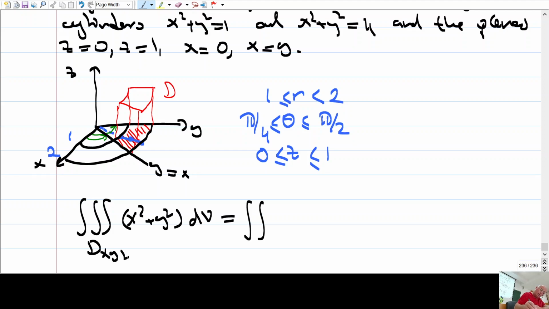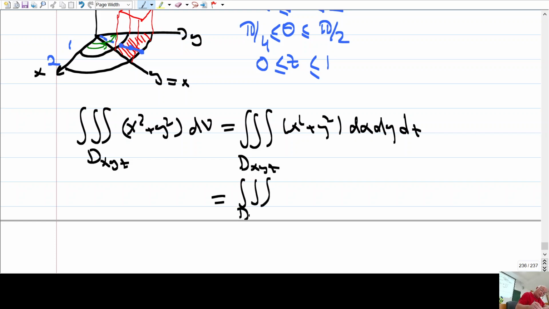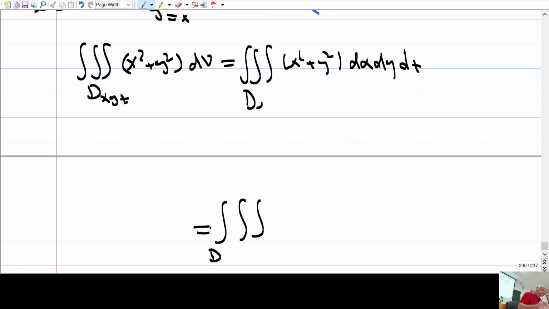I write it in r, theta, z. x squared plus y squared is just r squared.